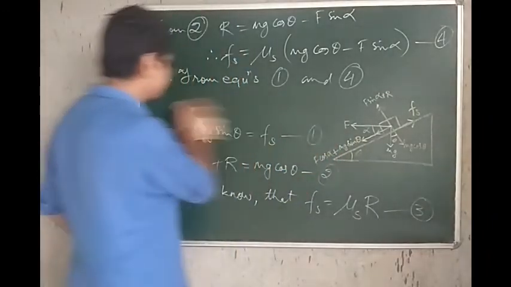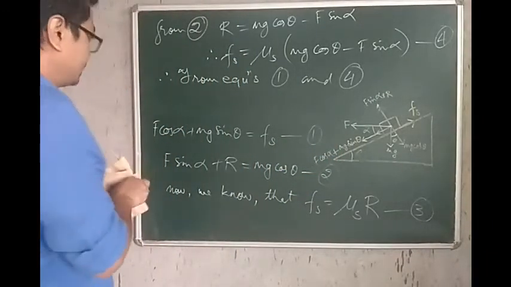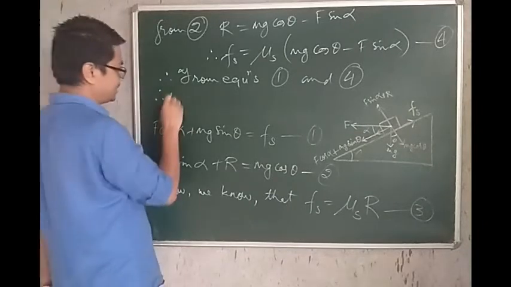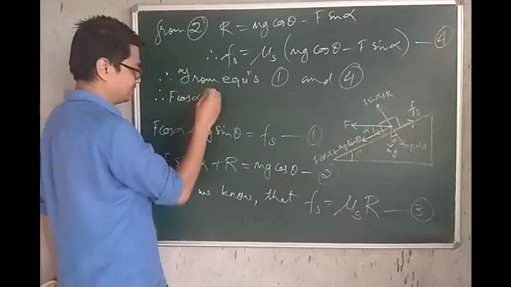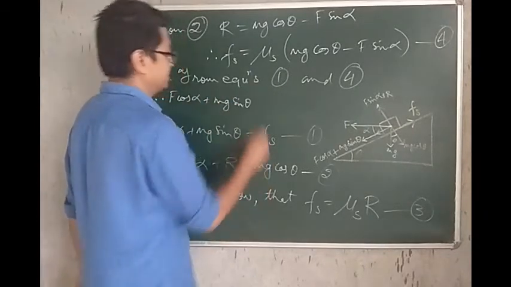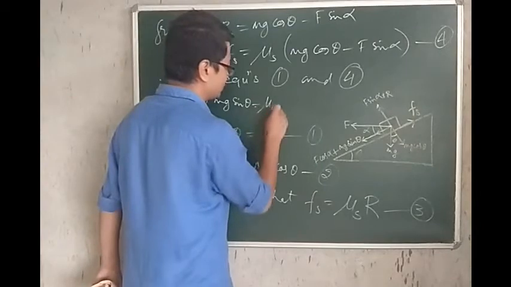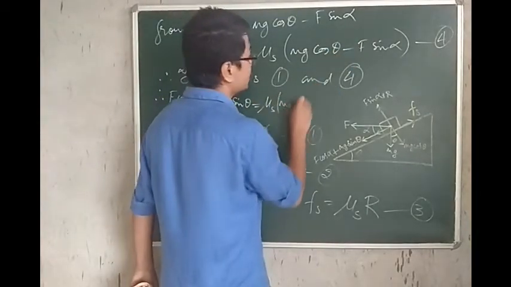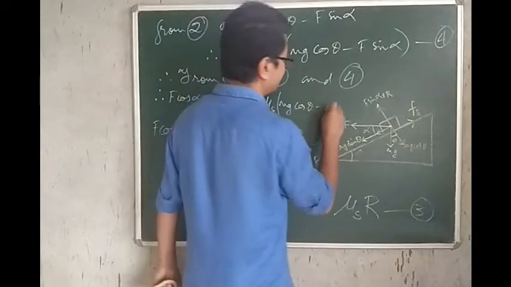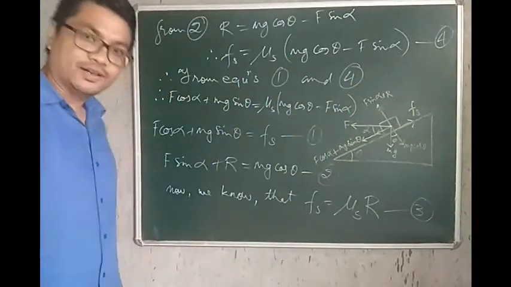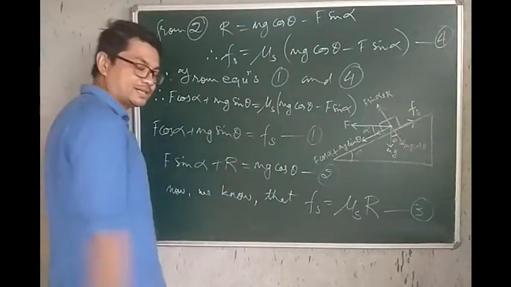Therefore, we get F cos alpha plus mg sin theta is equal to mu_s into this thing, that is (mg cos theta minus F sin alpha). So this is what we get.